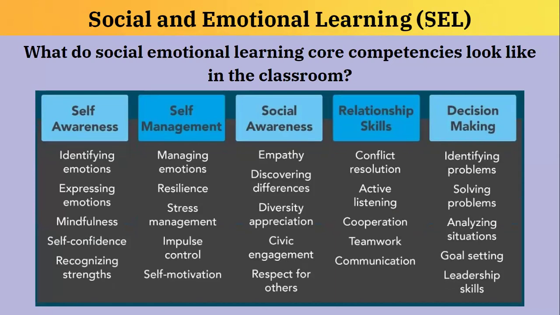Then social awareness: empathy, discovering differences, diversity appreciation, civic engagement, respect for others. Relationship skills, that is, you learn about conflict resolution, active listening, cooperation, teamwork, communication. And under decision making, you come to know about identifying problems, solving problems, analyzing situations, then goal setting, leadership skills. Moving on.